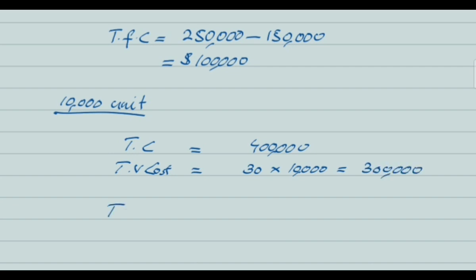So to calculate total fixed cost, you will again take the difference between the total cost and total variable cost, and it will give you the same result, 1 lakh.